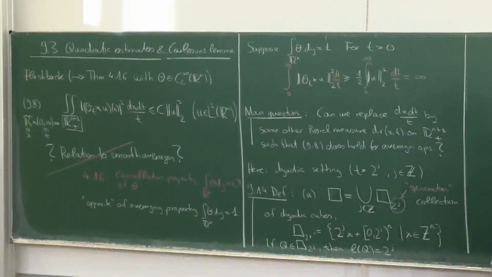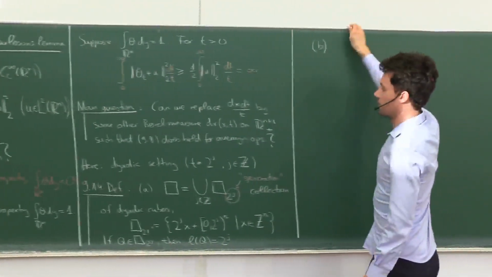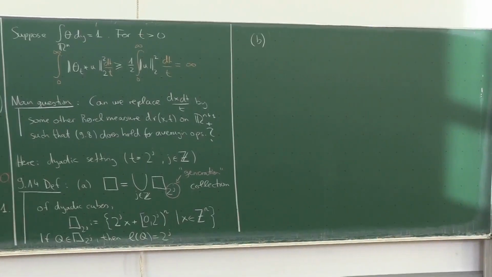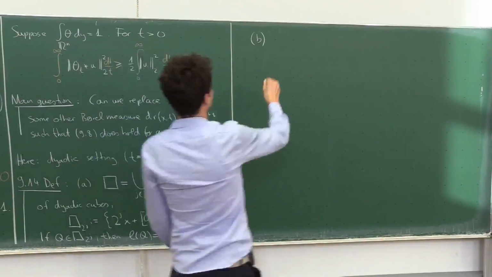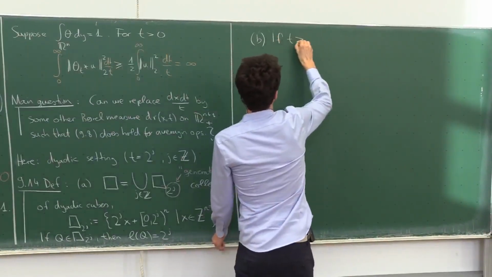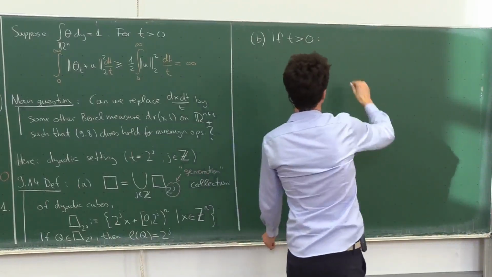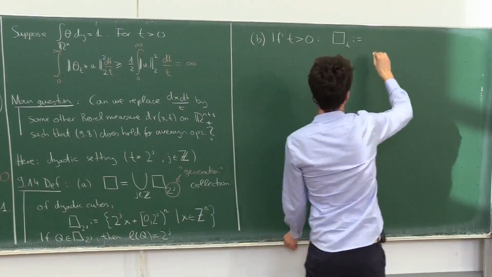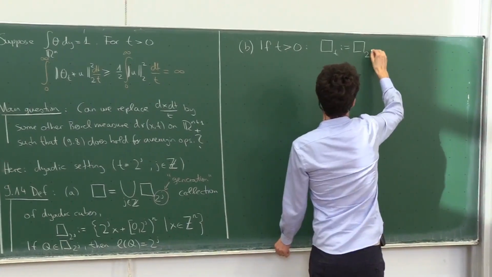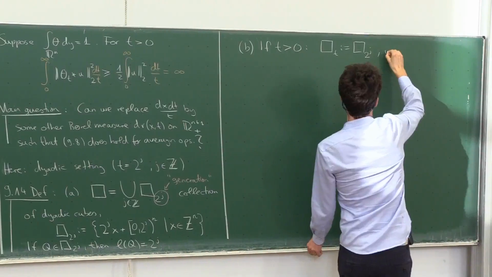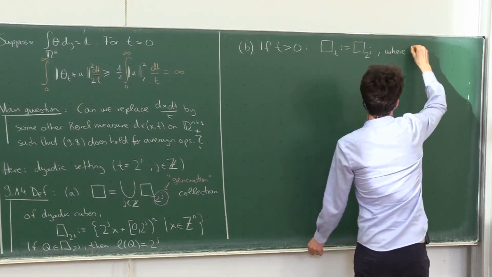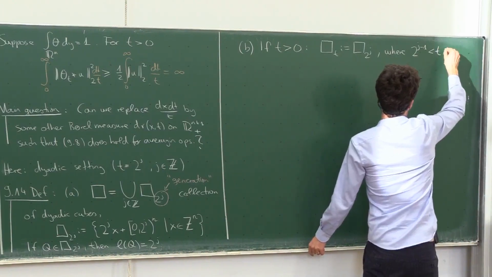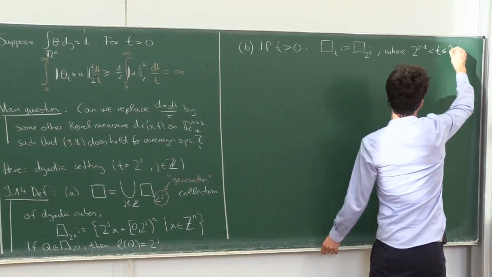It will be convenient, mostly for notational purposes, to also introduce dyadic cubes of generation t if t is not a dyadic number. If t is positive, I set the collection of cubes of generation t to be the collection of generation 2 to the j, where j is the unique integer such that t is larger than 2 to the j minus 1 and goes up to 2 to the j.